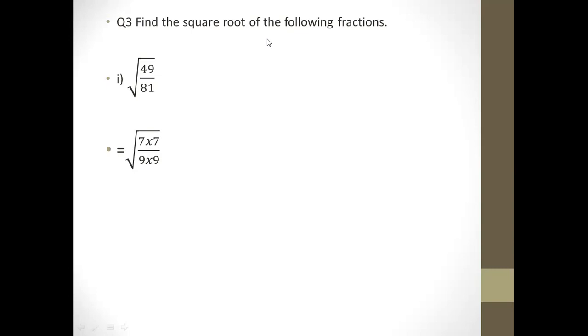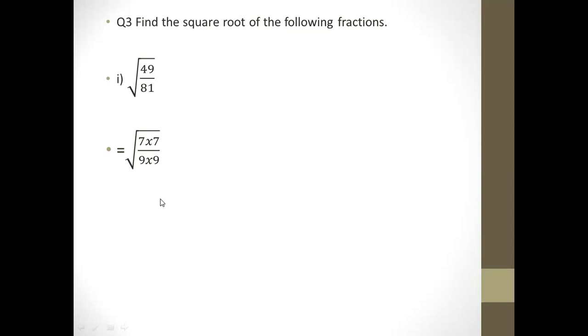But if it's not mentioned, then to find the square root, simply you take the numbers like this. Look, the factor of 49 is 7 sevens are 49, and 81 factors are 9 nines are 81.